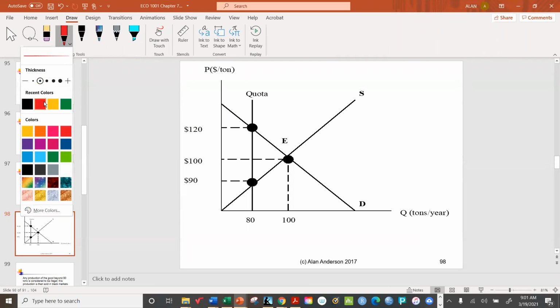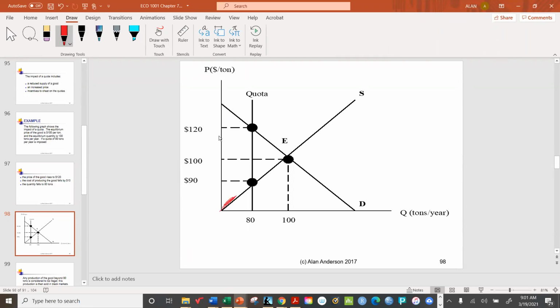Let's see if I can put some colors on here. So in other words, you have to imagine up to this point, the supply curve has its normal shape, and then all of a sudden it's vertical because we are not allowed to produce any more of this product, no matter how high the price goes. Just like before when we saw that a vertical supply curve results when it's only possible to produce a fixed number of units of this product.